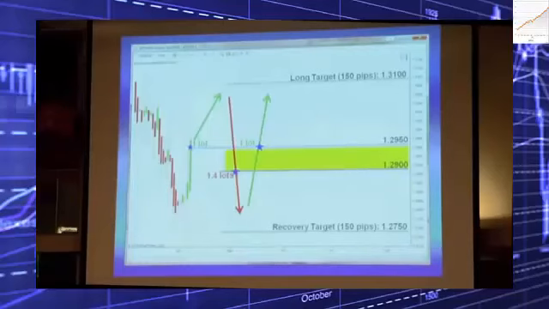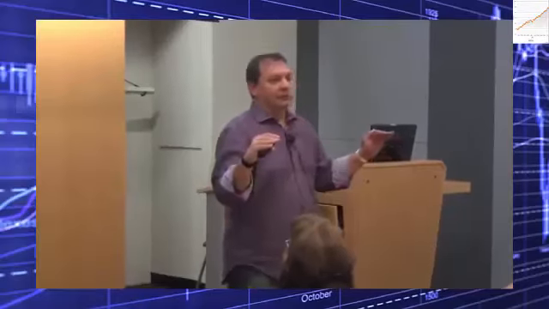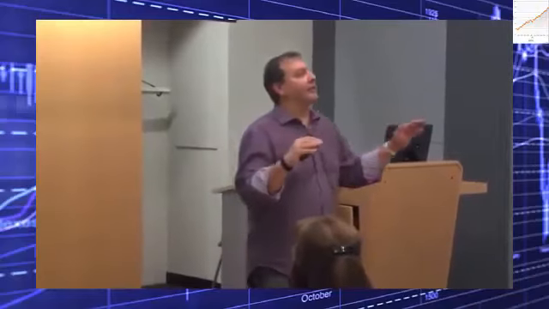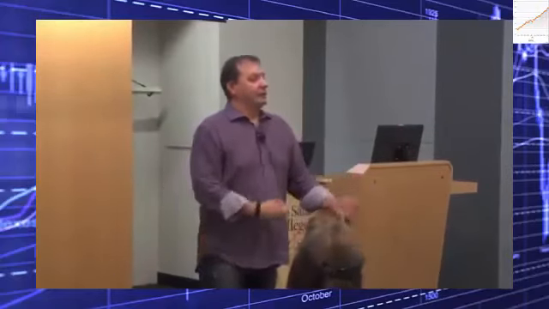Basically, I have established my zone recovery area, which is the difference of my acceptable loss on the first original trade. What's my acceptable loss if the market goes against me? 100 pips, 200 pips, 50 pips.